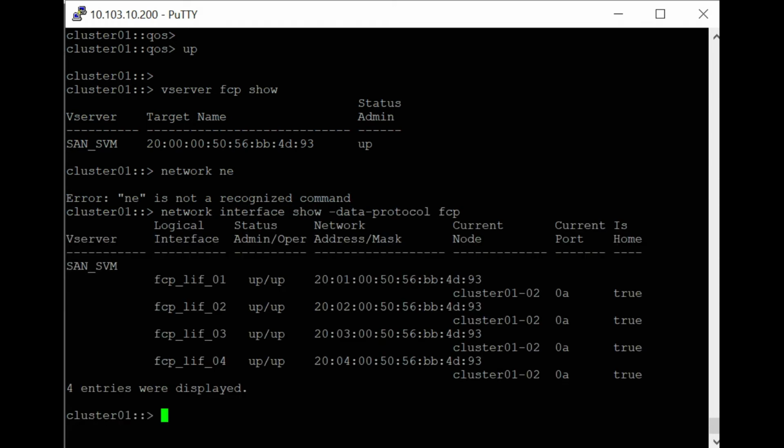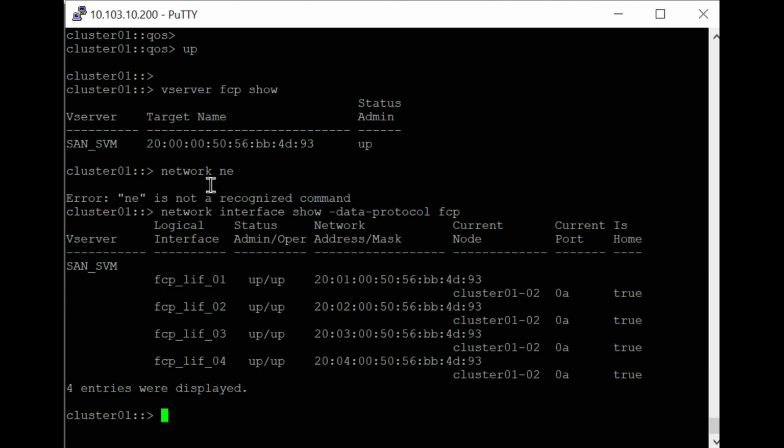If you focus here, you'll find that these addresses are similar except for the second octet. This one is 00, and then the interfaces are in series 1, 2, 3, 4. So this is the WWNN, and these here are the WWPNs of the ports on the SAN storage side.